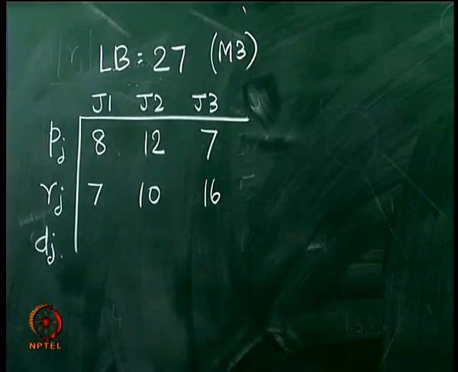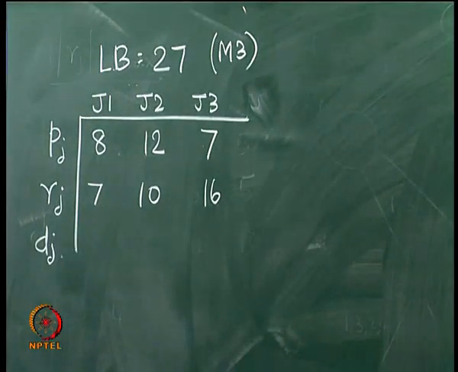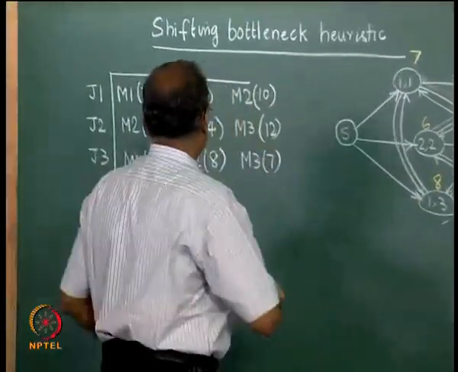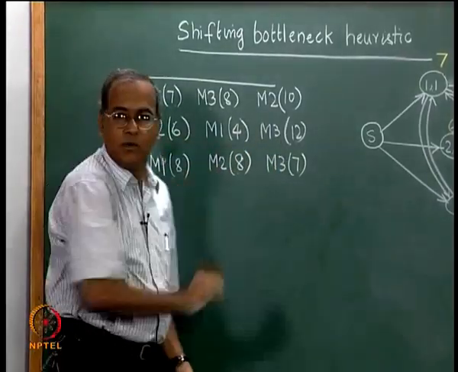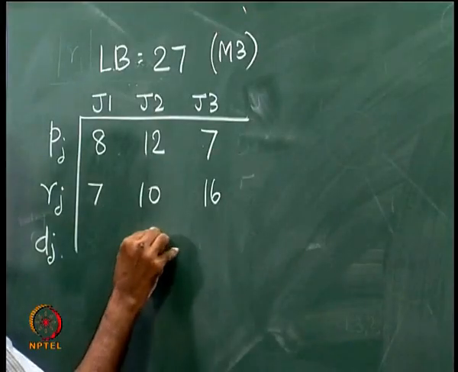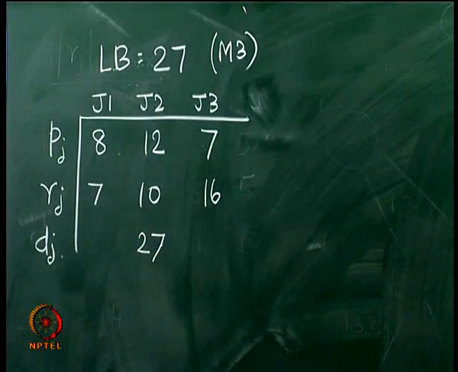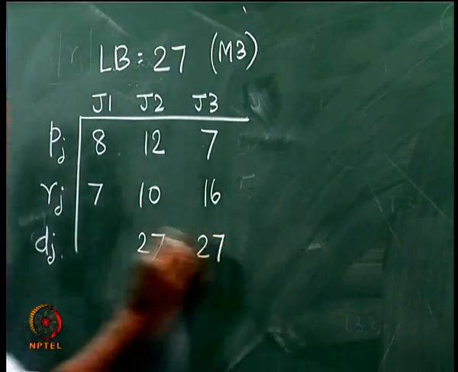Now, let us find out the due dates. If we assume that the makespan is 27, which is the lower bound on it, now M3 is the last machine for job J2. So, the due date for job J2 will be 27, which is the lower bound on the makespan. Similarly, due date for this will also be 27.